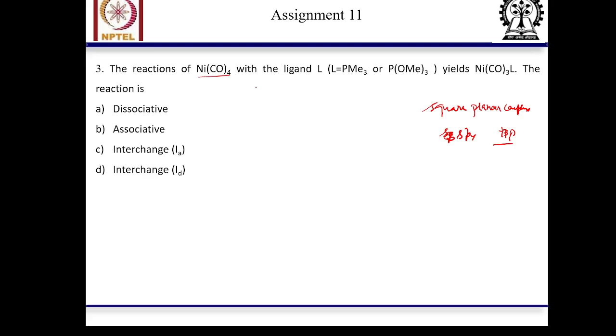Ni(CO)4 is tetrahedral, right? It is not octahedral. It will not go to coordination number 7. If it is associative, it will go to coordination number 5, not coordination number 7.